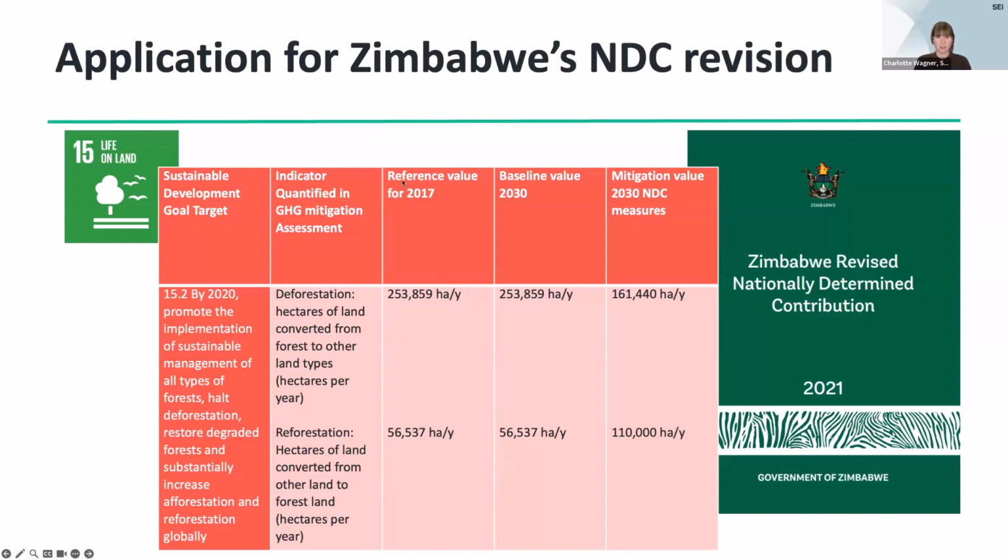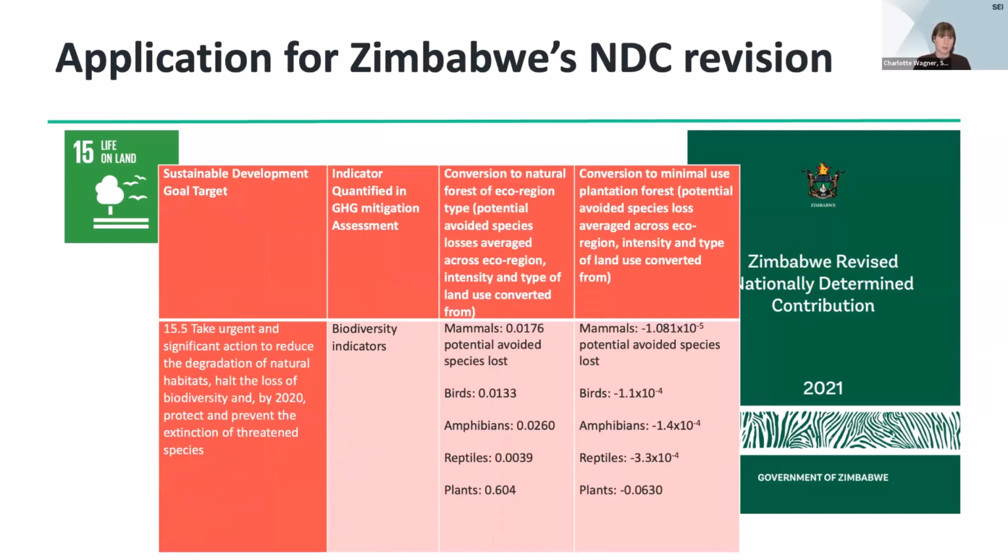You can see the reference value for 2017 in the first of the three columns, and then the baseline value compared to the mitigation value. So the achievement of, or the approach of that sustainable development goal was quantified, and then also the impact that change in land use management would have on biodiversity for different animal groups. And so it really allowed us to give an additional dimension to mitigation.